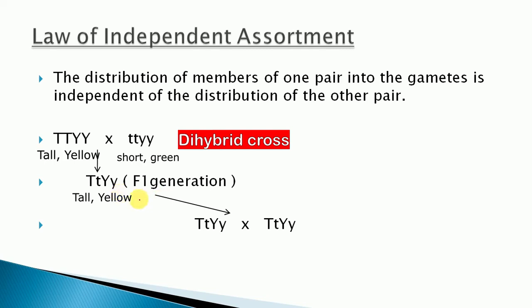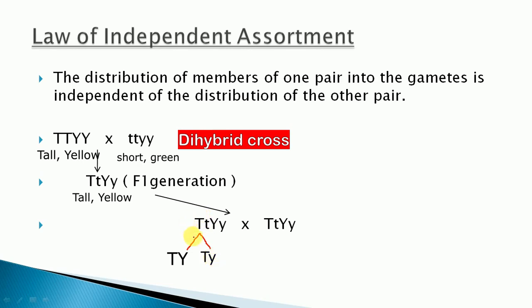Now if we do the selfing to get the F2 generation, during gamete formation, capital T can go with capital Y, so it will be capital T, capital Y, and capital T can also go with small y, so it can be capital T, small y, which we saw in the dihybrid cross.